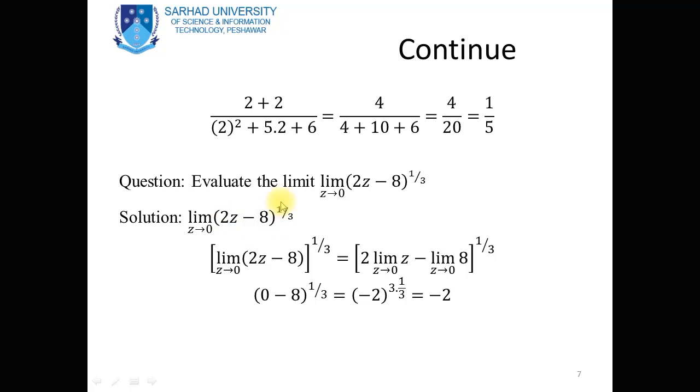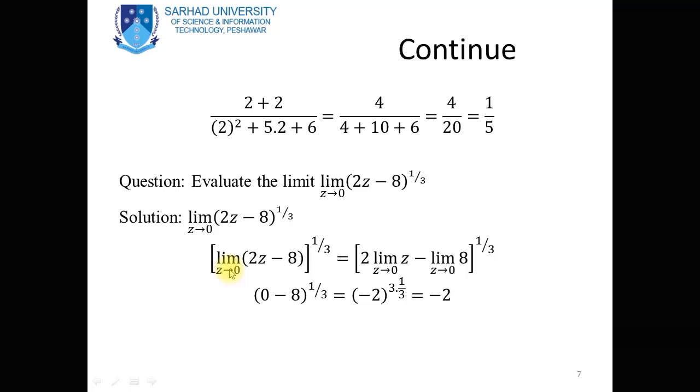First of all, put the limit for the base. 2z minus 8 is the base. After evaluating the limit, take the power of 1 over 3. Don't apply this power before applying the limit.